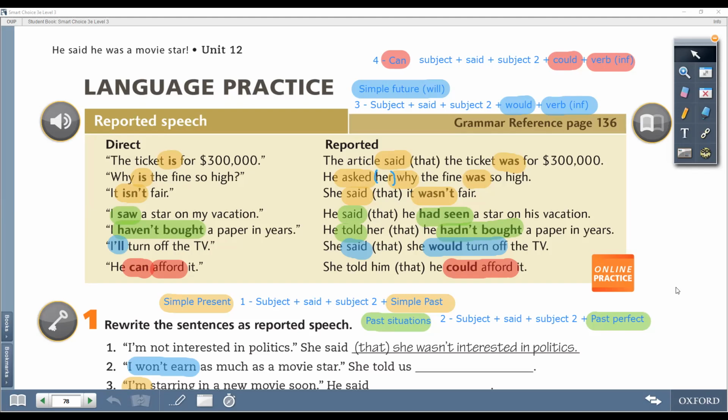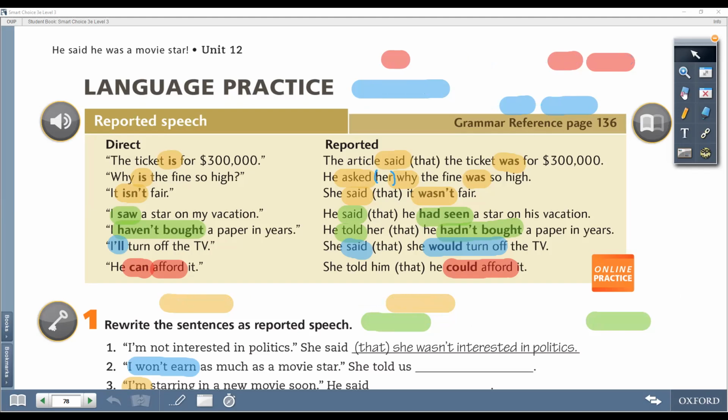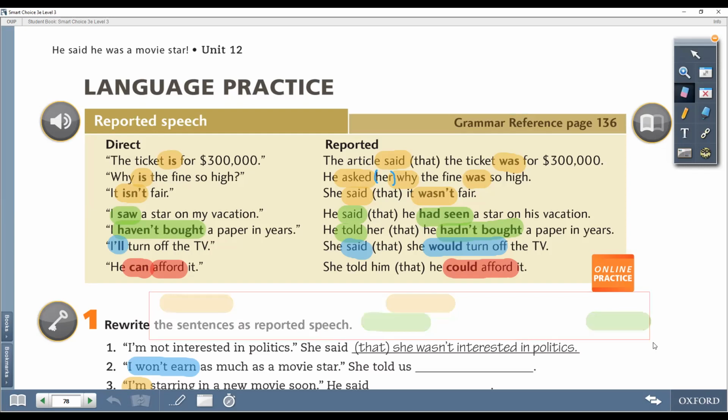Okay, guys, did you take a picture? Yes. Can I clear? Okay. All right. Now let me clear all this here. So clearly in this introduction, we could see 4 situations, okay?